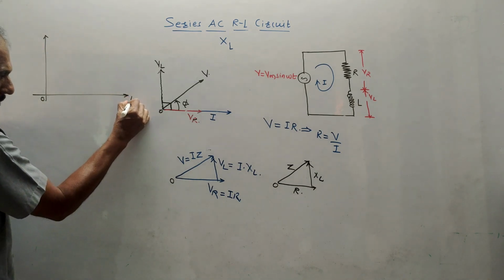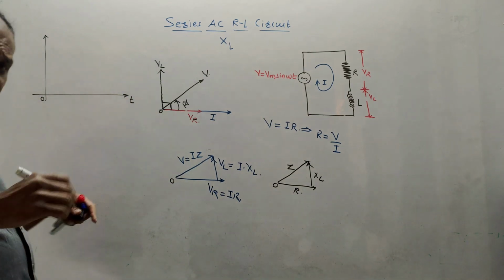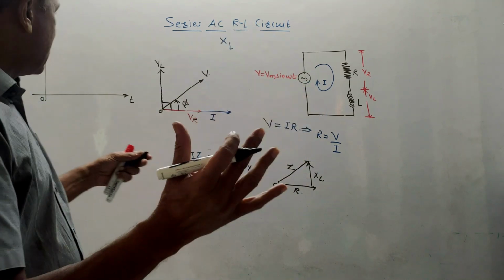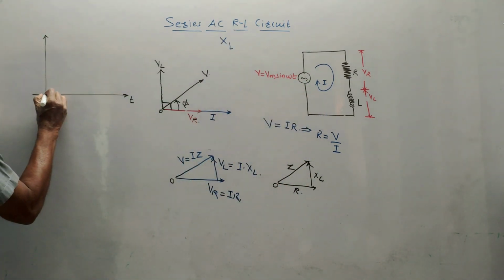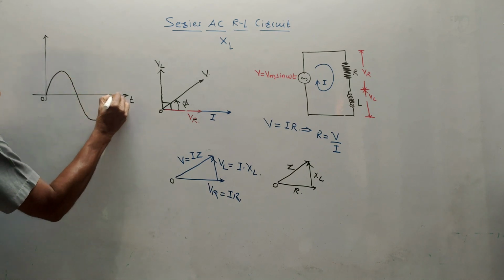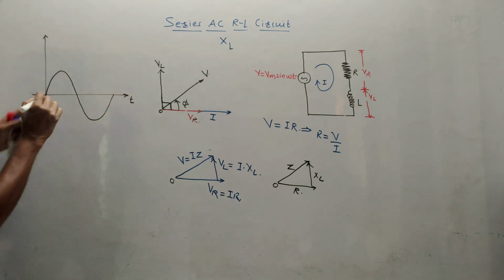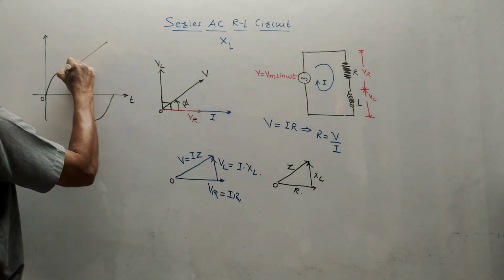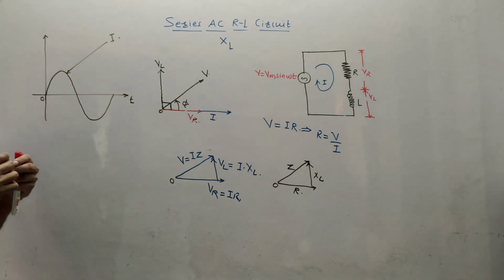On the x-axis we have to mark time period. If I consider a sinusoidal waveform, to make the analysis simple, always and always consider a sinusoidal waveform. First I will draw the current waveform, the ideal current waveform starting from origin like this. Since I have considered a sine wave, it is a simple current waveform. I will name this waveform the current waveform, that is I.